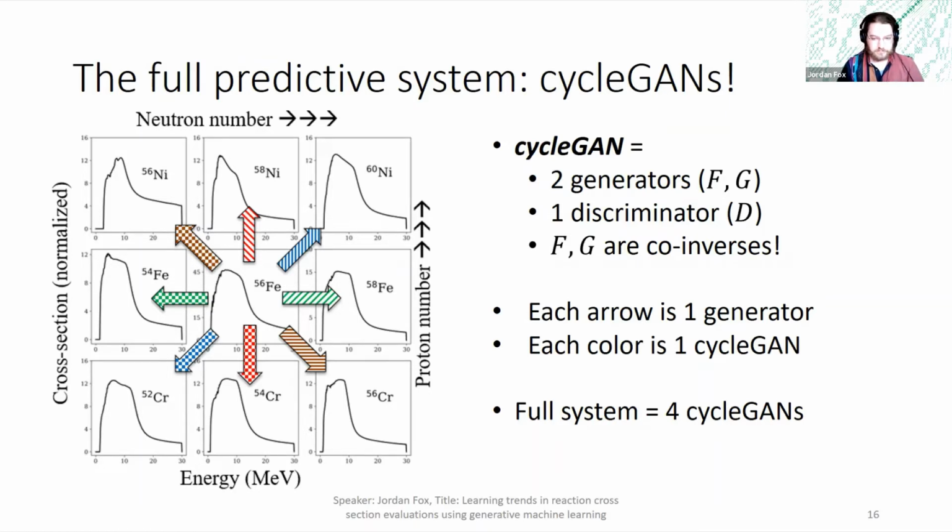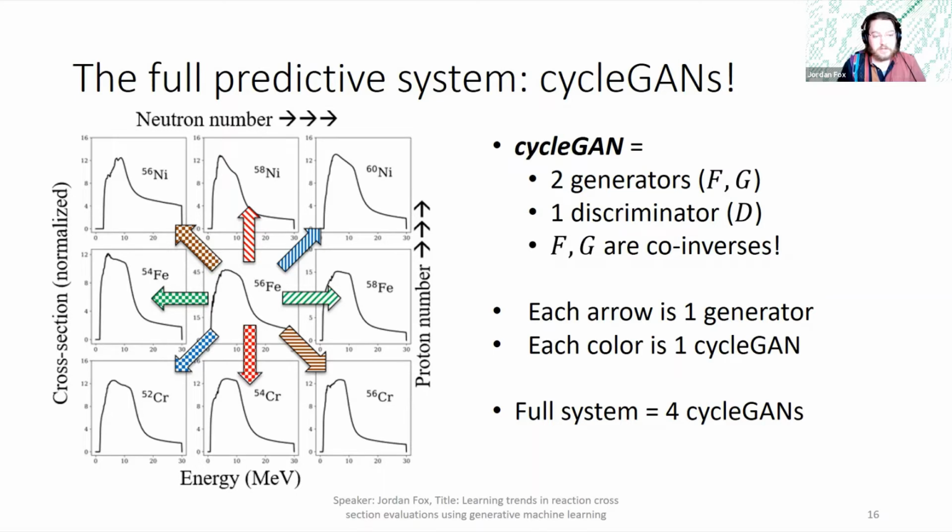So let's look at this figure on the left. This is zoomed into a 3x3 region on the chart around iron 56. And so there's 8 arrows here. Each arrow is basically one generator. We have 8 different generators, each responsible for a transformation in a particular direction across the chart.